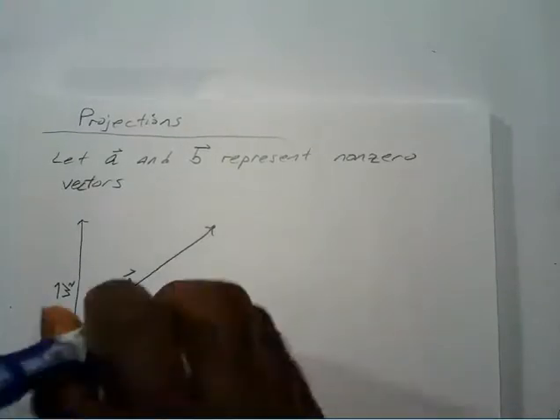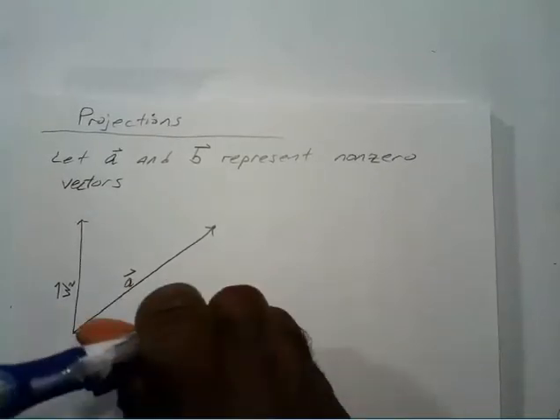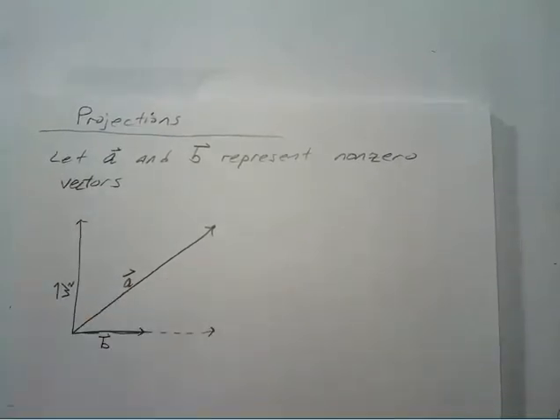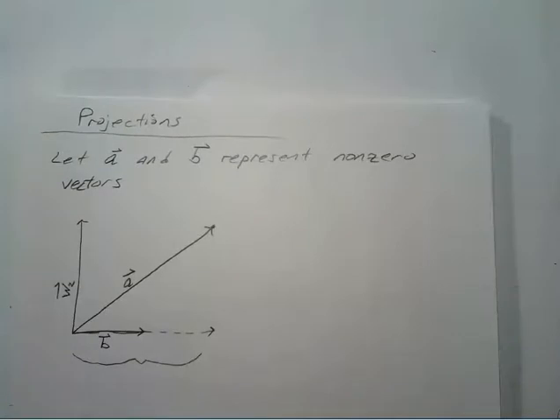And we'll make that a dotted line just to distinguish it from our B vector. All right, so this entire length, we'll call that vector W1.